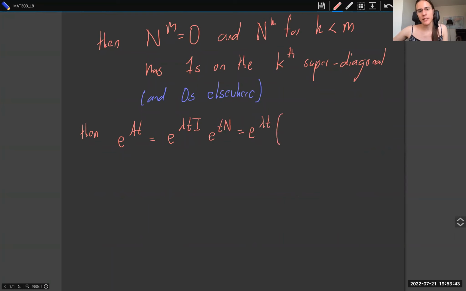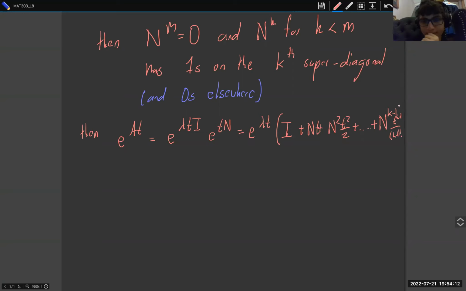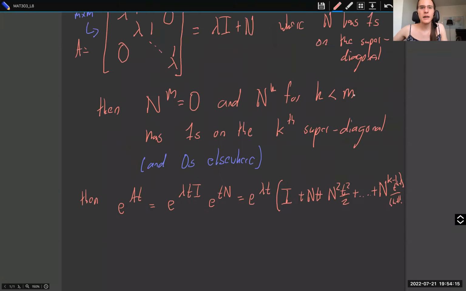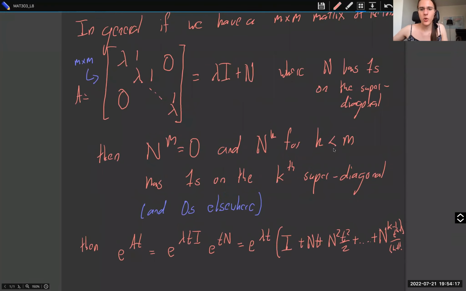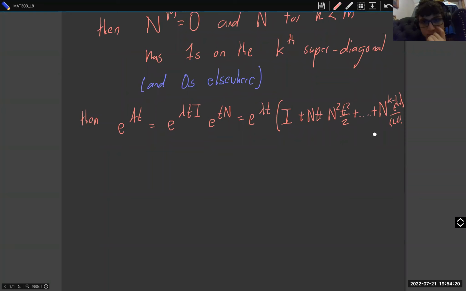And then for e to the t N, it's going to be I plus N t plus N squared t squared over 2 plus dot dot dot plus N to the power of the highest it's going to go, m minus 1, times t to the m minus 1 over m minus 1 factorial. You mean m? Yes, m. Also, I should write this, it's too squished.